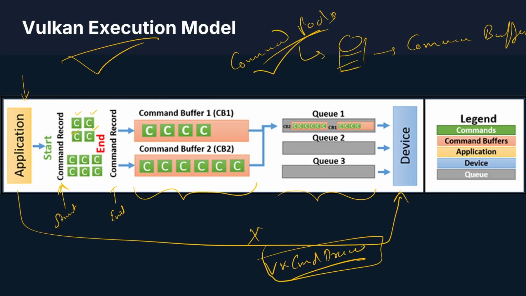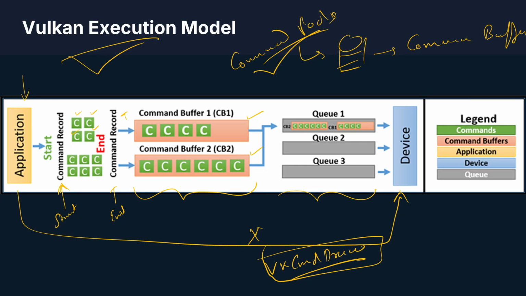Now these commands are recorded into one command buffer, or they can be recorded into multiple command buffers. This is where I would say it provides a greater advantage over OpenGL. In OpenGL, those command buffers are recorded internally and they are not scalable, so you cannot make use of multiple threads. Here you can record this command buffer separately from this one.